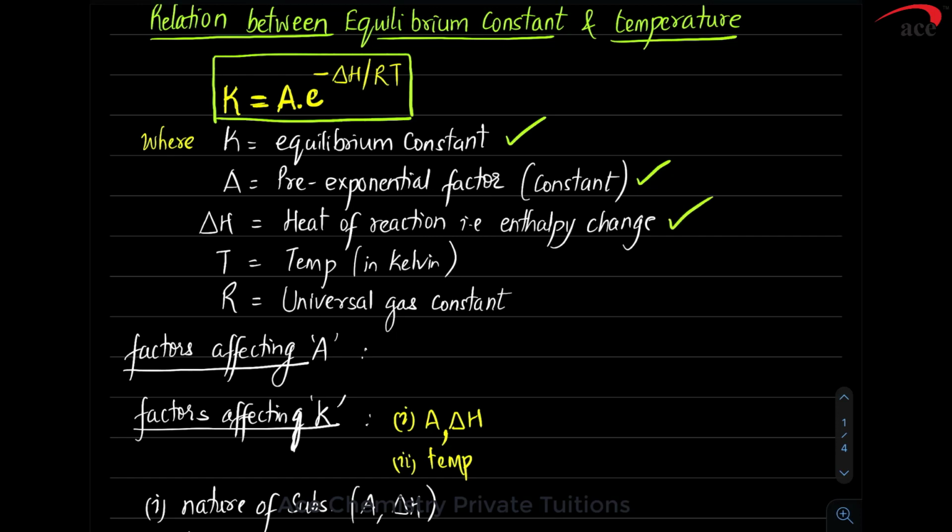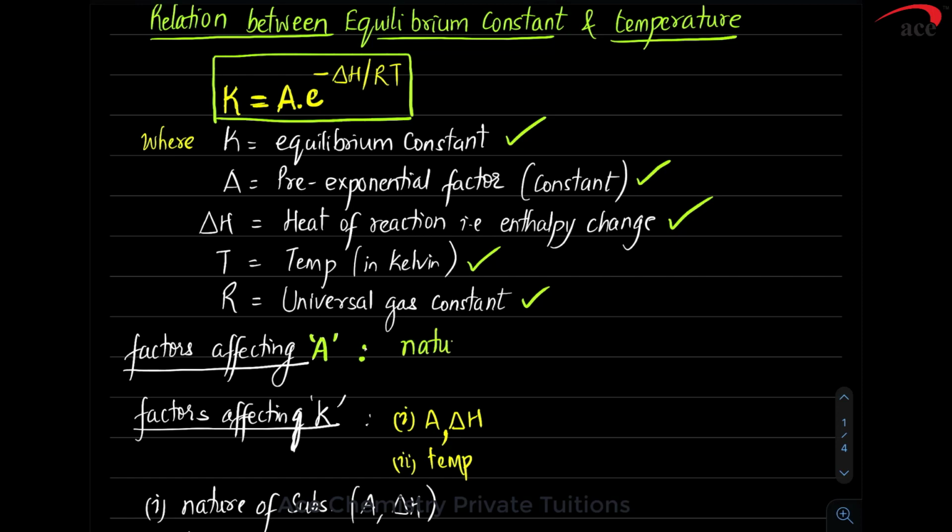Delta H stands for heat of reaction or enthalpy change, T stands for temperature in Kelvin, and R stands for universal gas constant.